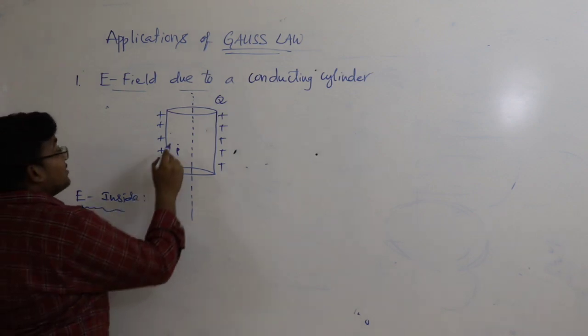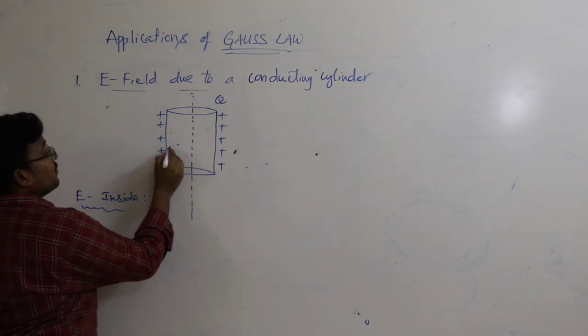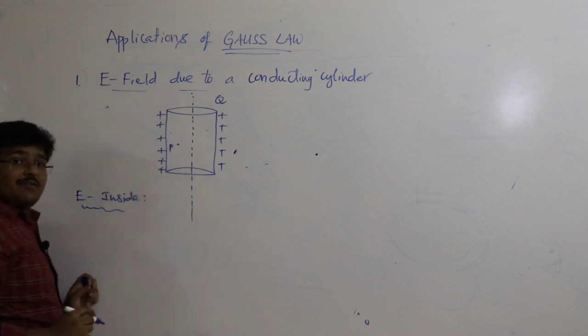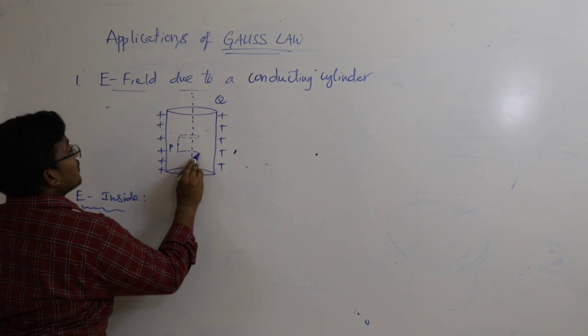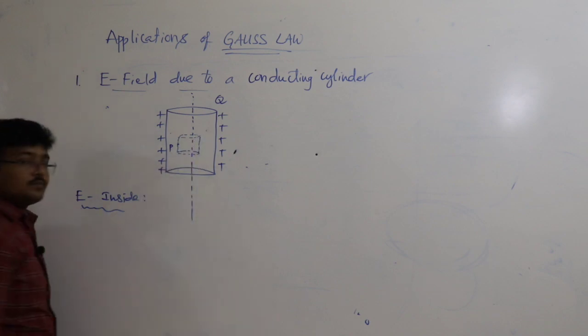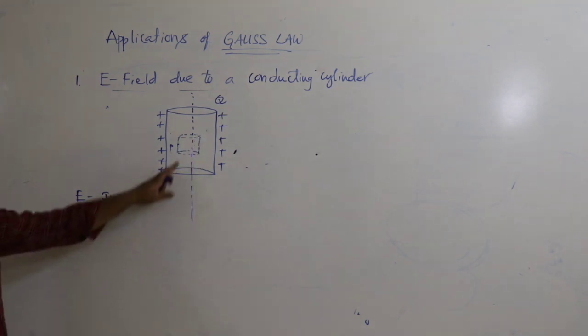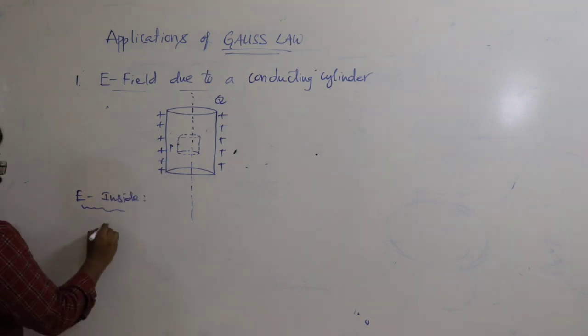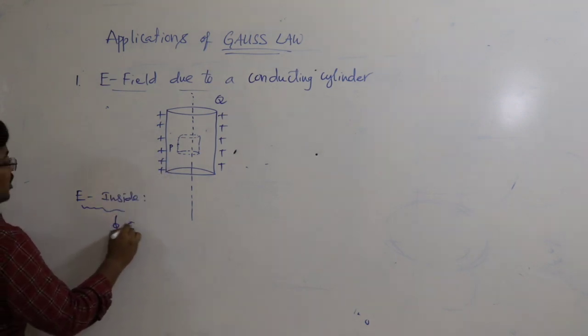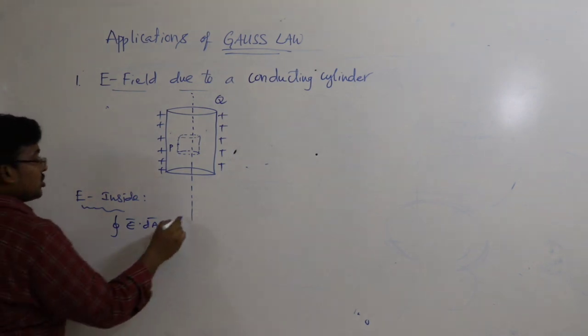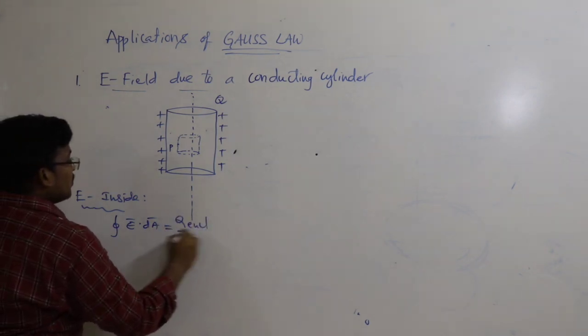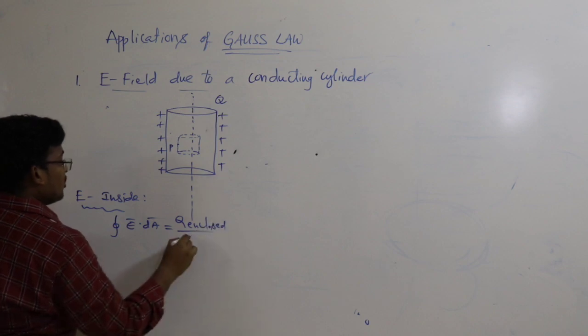See, again I will consider at this point P a Gaussian surface like this. Now, the integral of E bar dot dA bar is equal to charge enclosed by epsilon naught.